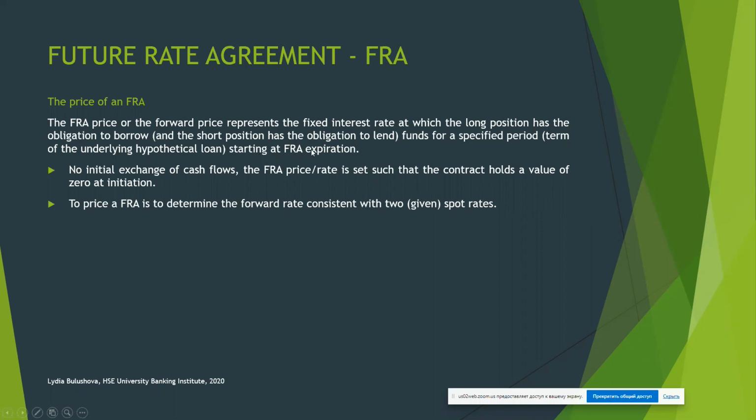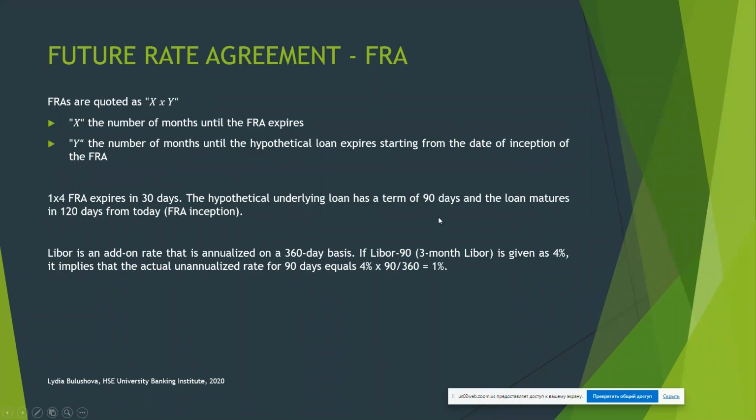These terms are used because I gave this example to make you more familiar with them. 1/4 expires in 30 days. The first number, the contract expires in 30 days. What do we have here? The hypothetical underlying loan that matures in 120 days from today. That's the 4.